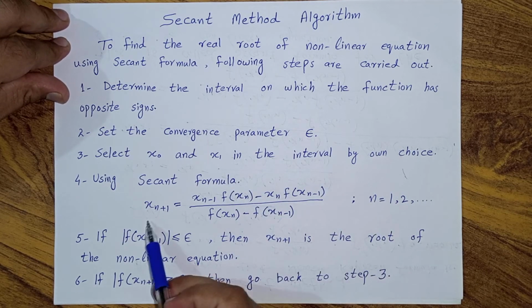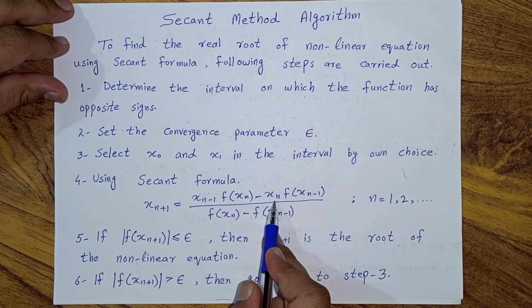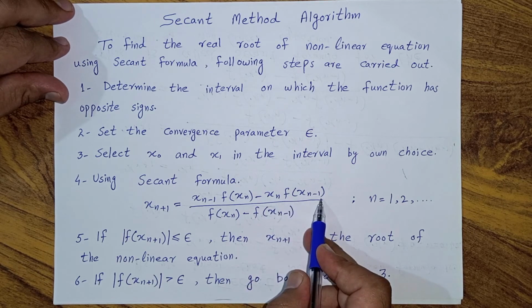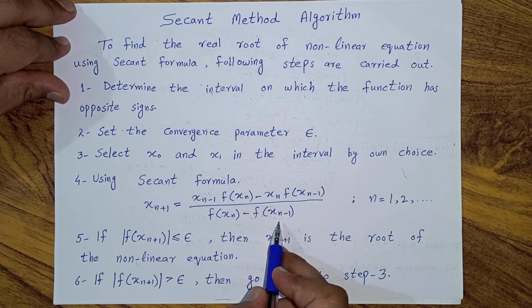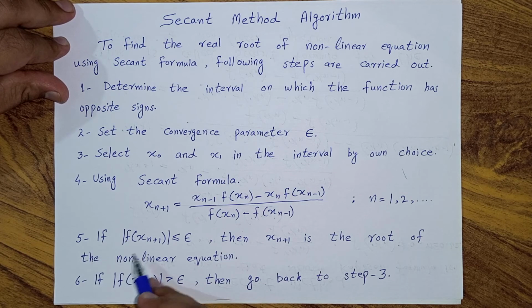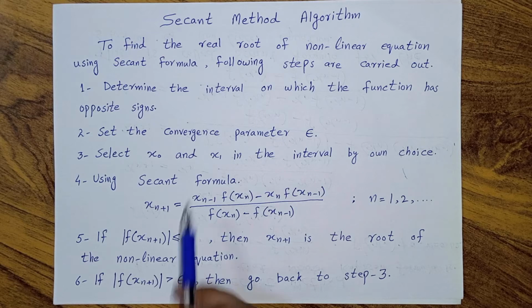Step 4, using the secant formula, x_{n+1} equals x_{n-1} f(x_n) minus x_n f(x_{n-1}) divided by f(x_n) minus f(x_{n-1}). Step 5, if the modulus of f(x_{n+1}) is less than epsilon, then x_{n+1} is the root of the non-linear equation. Step 6, if the modulus of f(x_{n+1}) is greater than epsilon, then go back to step 3.